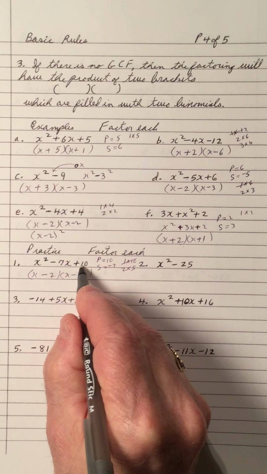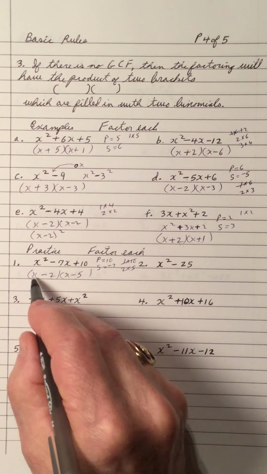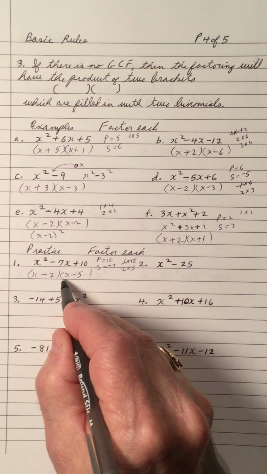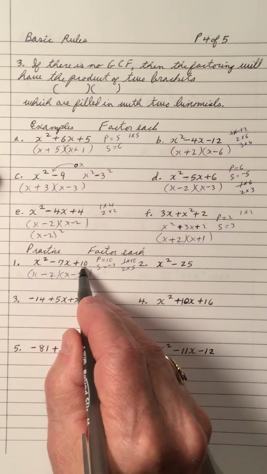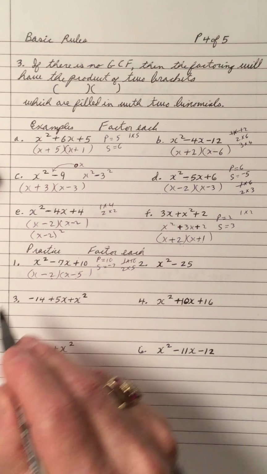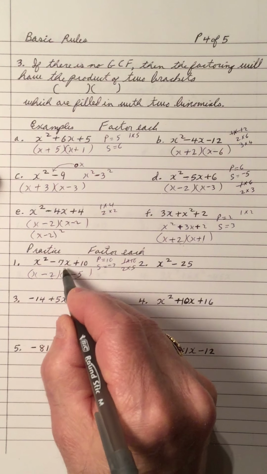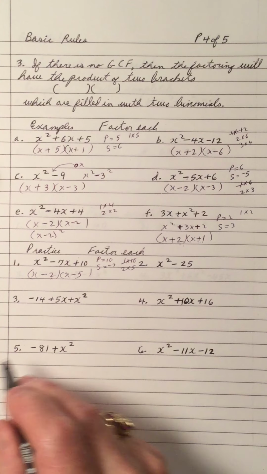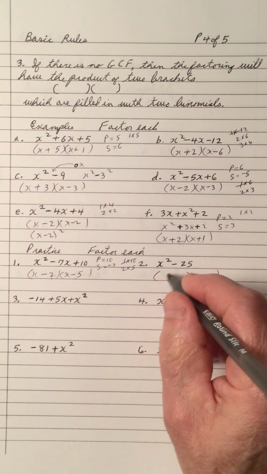Multiply to 10, add to -7. I know the outside and the inside will have an x, so I can multiply these together to get that one, and add those together to get that. The outside and inside will be -5x and -2x. And it looks like I have two brackets because it's a binomial.